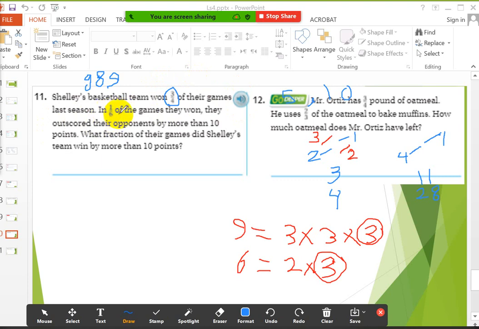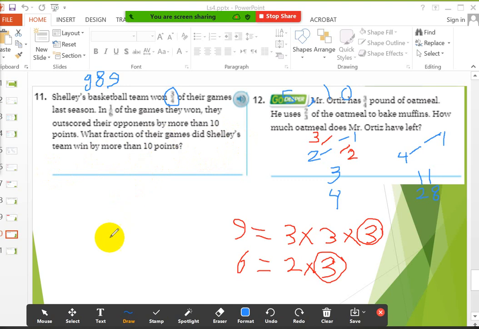In 1 over 6 of the games they won, they outscored their opponents by more than 10 points. What fraction of their games did Shelley's team win by more than 10 points?